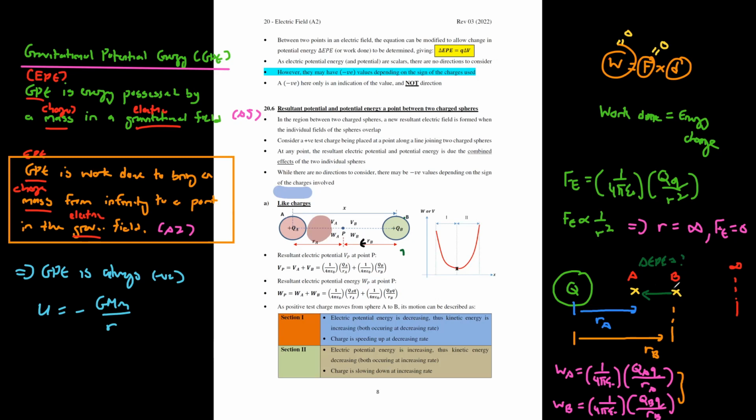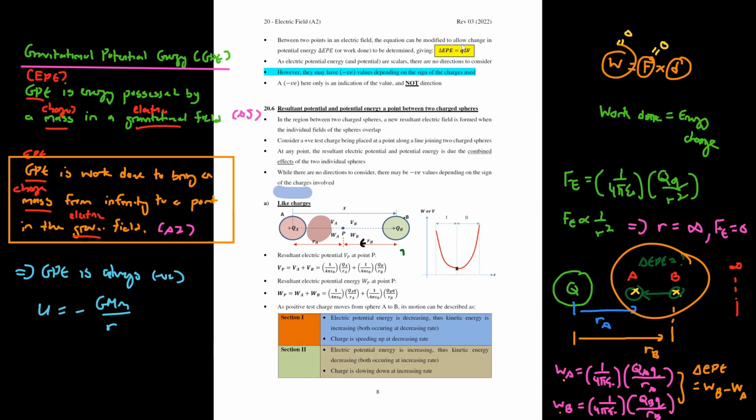So one way of finding the change in EPE between these 2 points that you would normally do is to say change in EPE is actually the potential energy at B minus the potential energy at A. You take the difference between those two, okay? But there's also another way in which you can find electric potential energy between these 2 points, other than finding the potential energies at each point individually and then taking the difference.